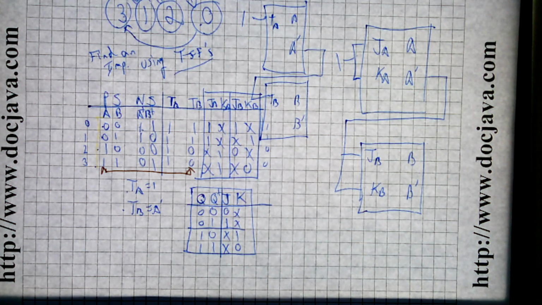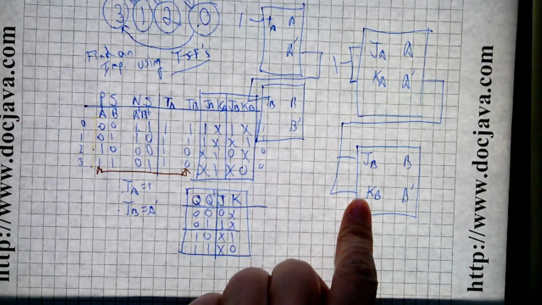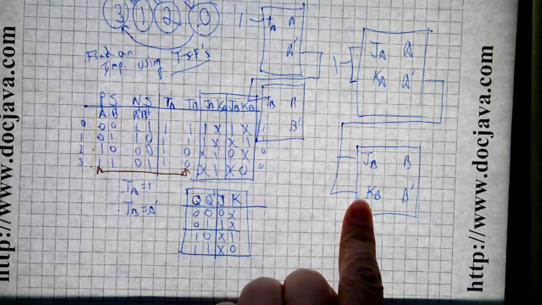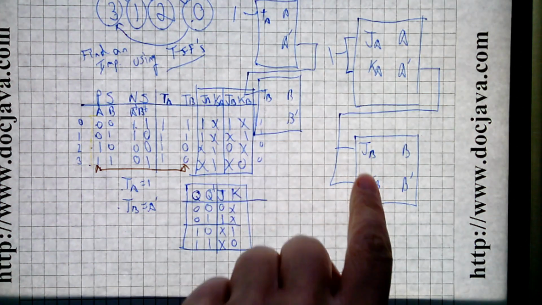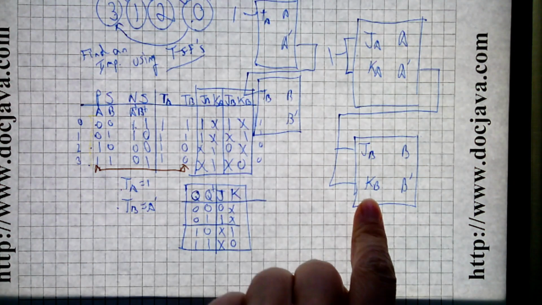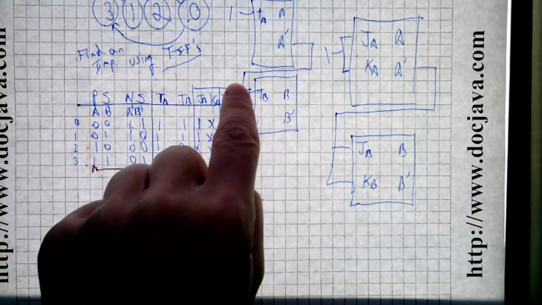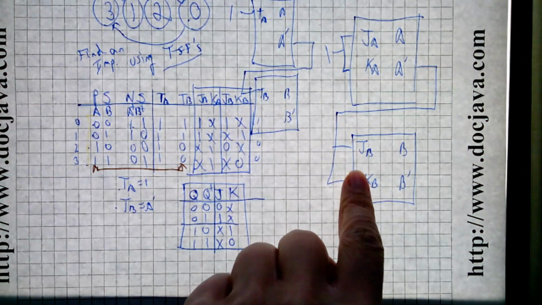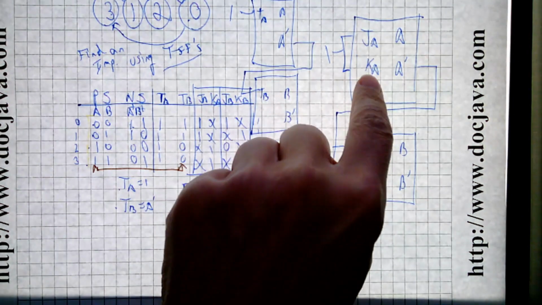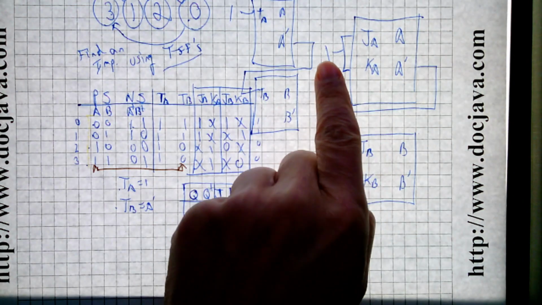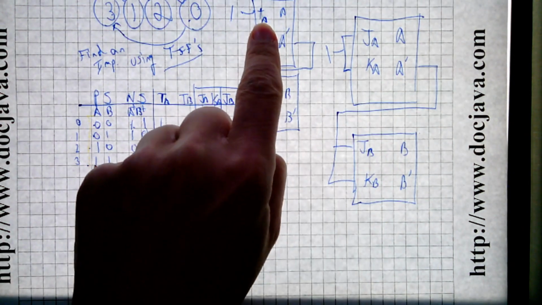But if you think about it, wiring J and K together makes a toggle flip-flop. And so what we did was we wired J and K together, and we basically treated it as a toggle flip-flop and wired it up to A prime. And we wired J and K together over in here and wired it up to 1, and that created a toggle flip-flop.